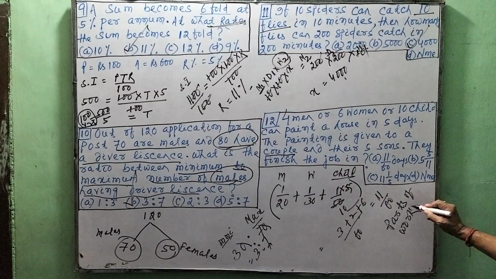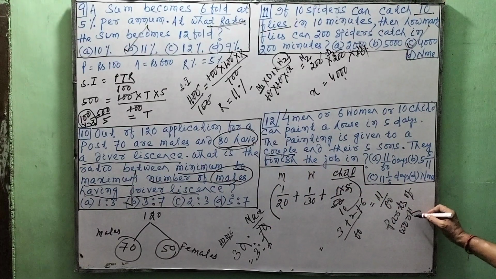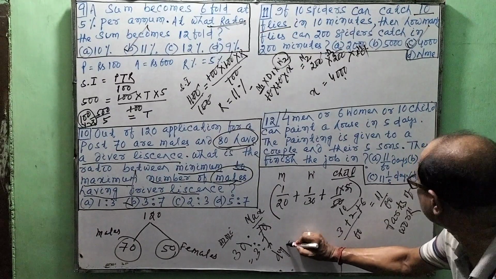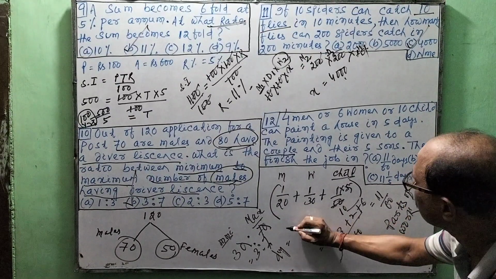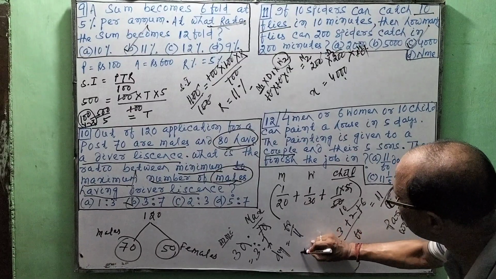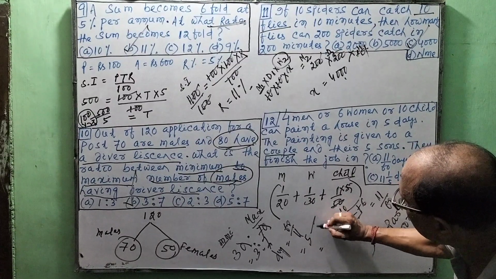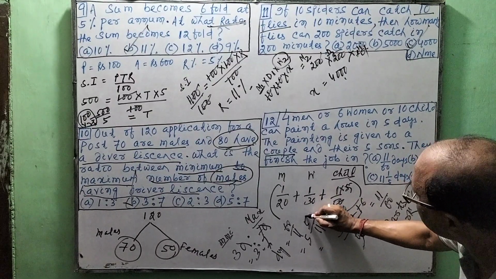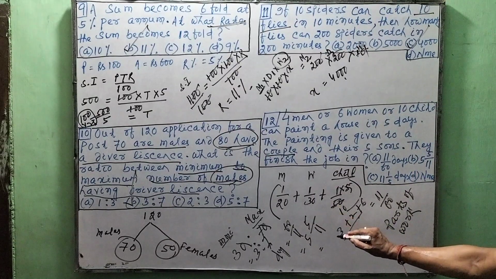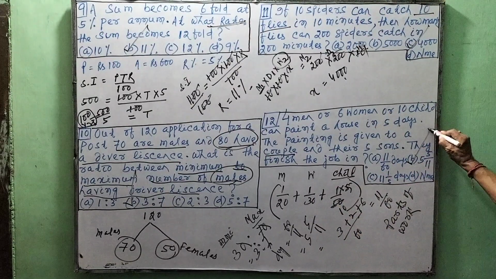So days is the inverse of 11/60. So 60/11, which is 5 and 5/11 days. Where is the answer? Here is the answer.